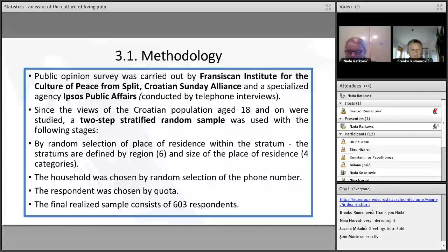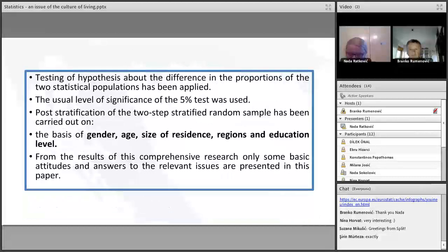What we chose here was a two-step stratified random sample. The household was chosen by random selection of the phone number. Testing of hypotheses about the difference in the proportions of two statistical populations has been applied.